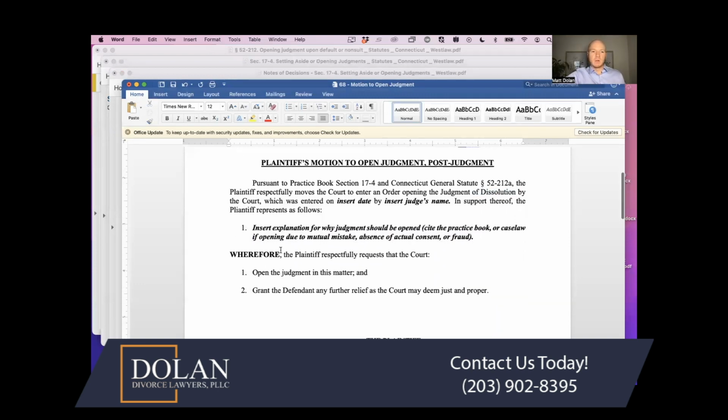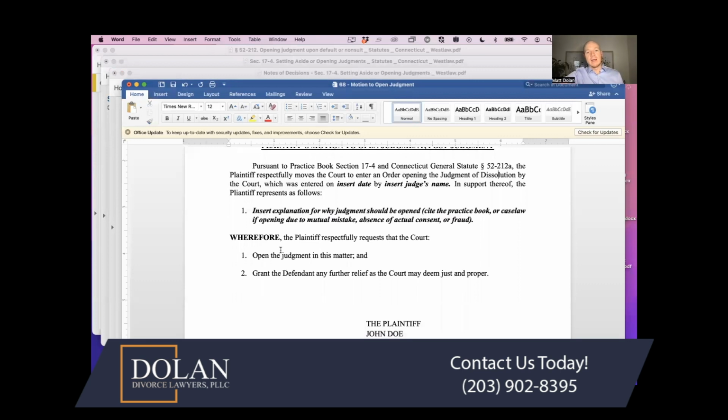Below that, you insert an explanation of why you think the judgment should be opened. You're going to want to get into detail, citing the practice book section or Connecticut general statutes that you just went over, unless it was mutual mistake, absence of consent or fraud, in which case you're going to want to cite the appellate court cases that allow you to reopen a judgment under those circumstances.